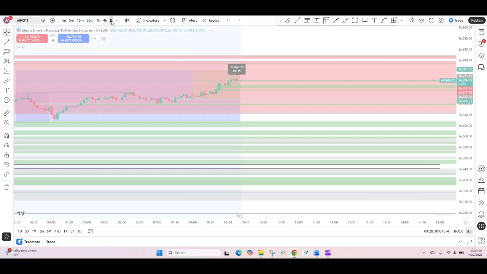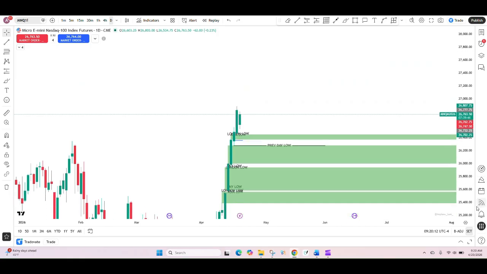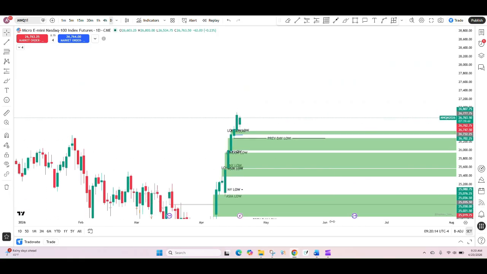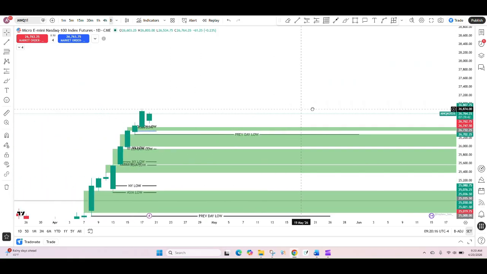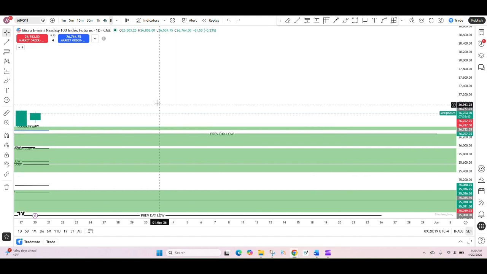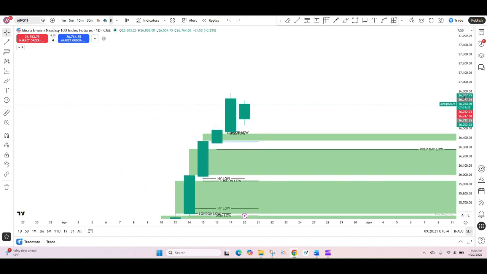And we're going to start with the daily time frame. So on the daily, I'm looking to mark out the previous day highs and lows.